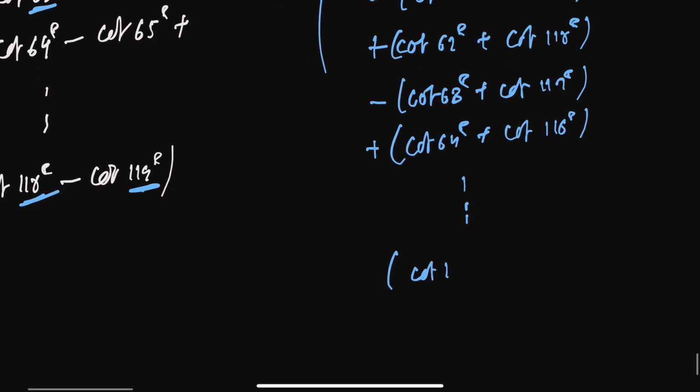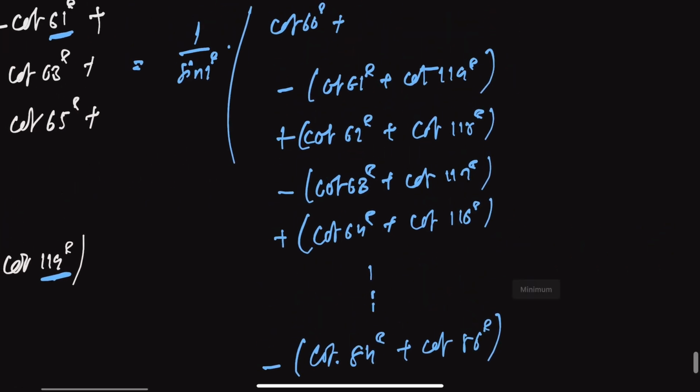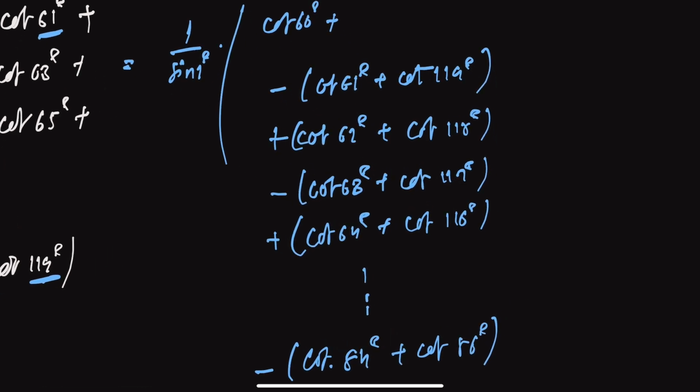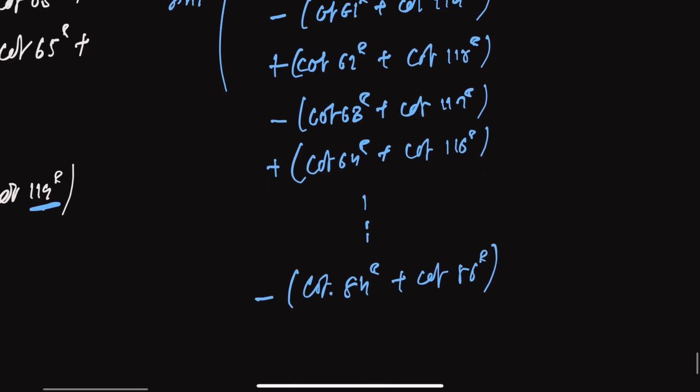We'll have it till the middle terms. The middle terms will be like, we're having 170 as the sum, so cot 84 degrees plus cot 86 degrees. So cot 60 degrees, then cot 61 plus cot 119, and so on, up to 84 and 86 degrees.